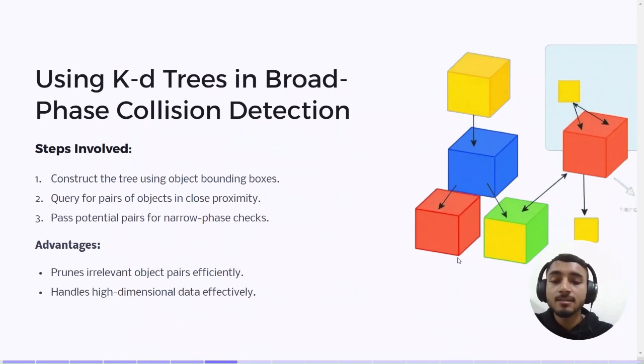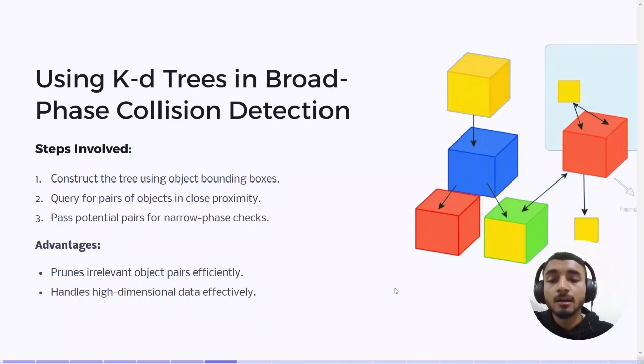What are the steps for how we use KD trees in broad phase detection? First, we build a KD tree using the bounding boxes of the objects in the scene. These boxes are like containers around the objects.